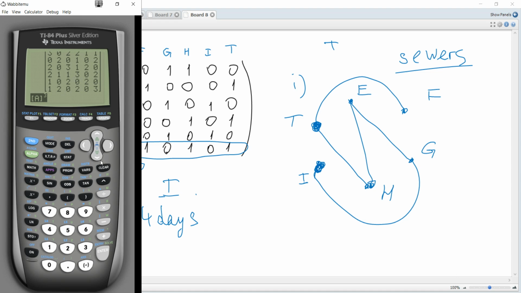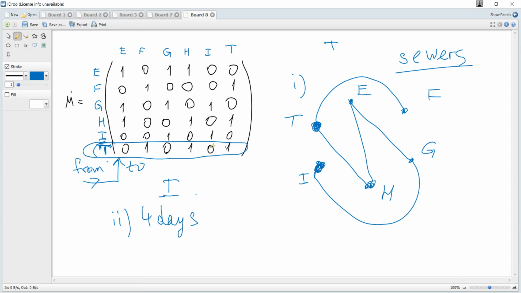And cubed means after 3 days, in 3 steps. In the last row you can see 1 0, so I is still not polluted after 3 days.